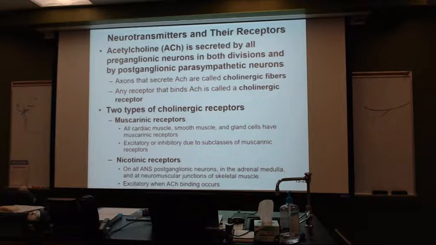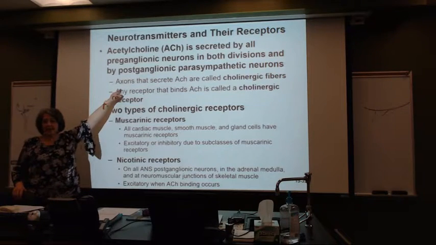Acetylcholine, we always tend to think of as being excitatory. In both divisions, acetylcholine is secreted by the preganglionic. We saw that represented in the little ganglia. Okay, we saw the ACh being present.